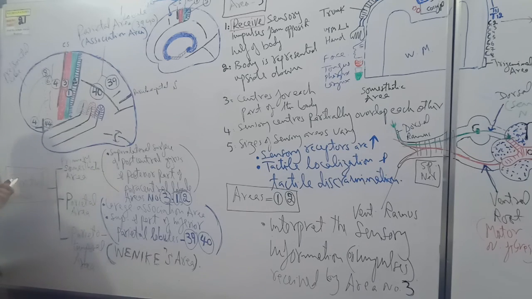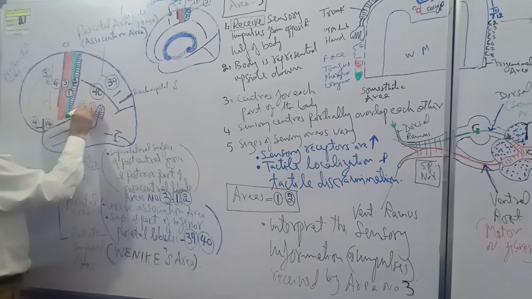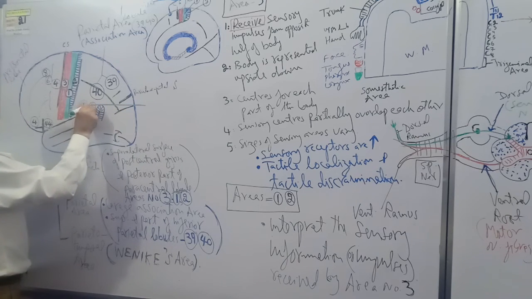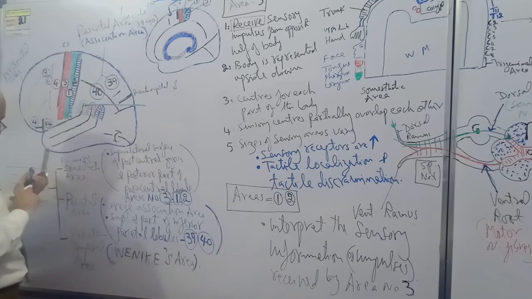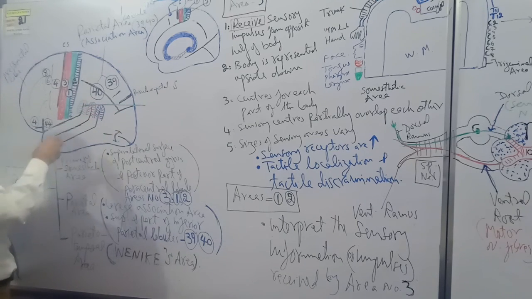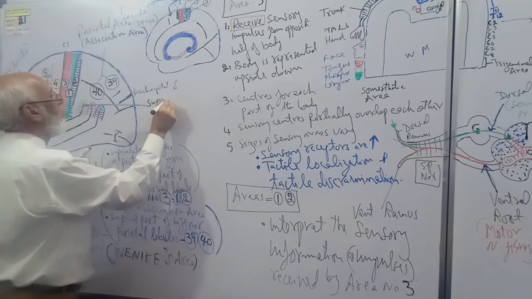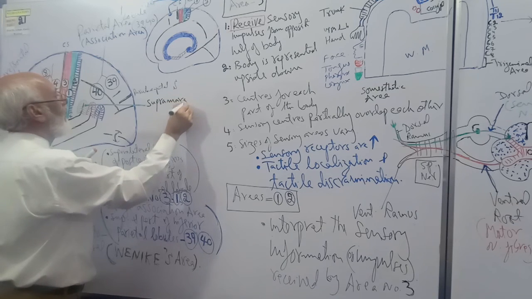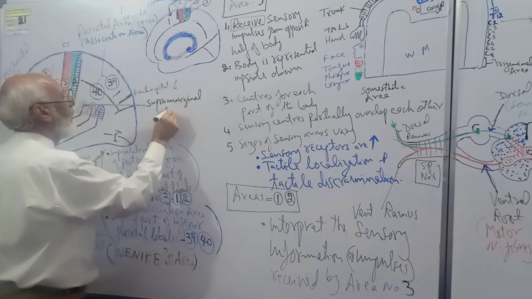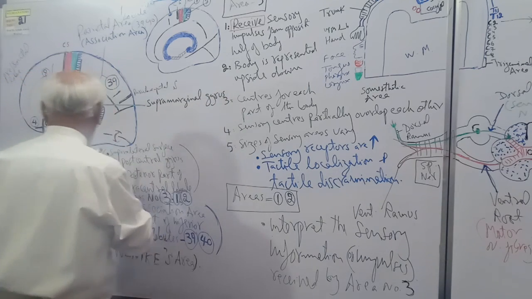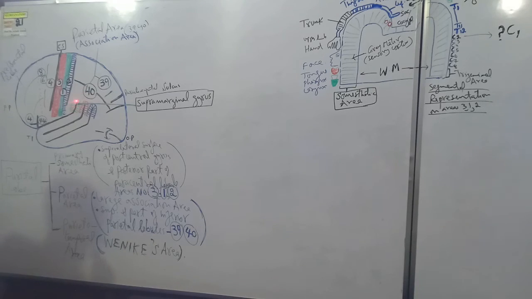Now, this gyrus that turns around the upper end of the posterior limb of the lateral sulcus is known as the supramarginal gyrus.